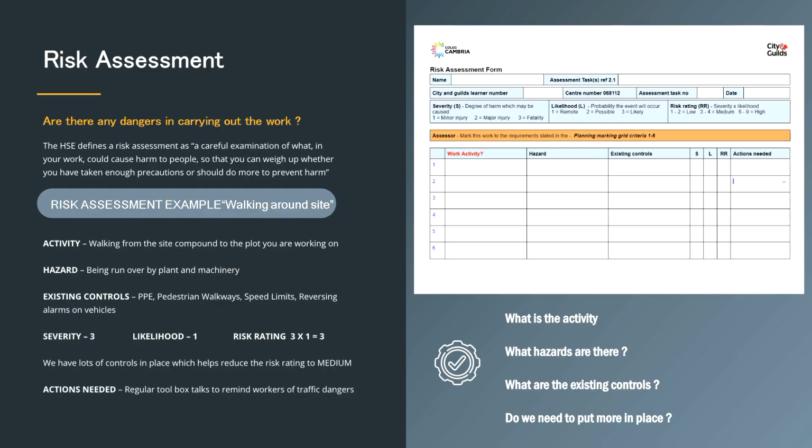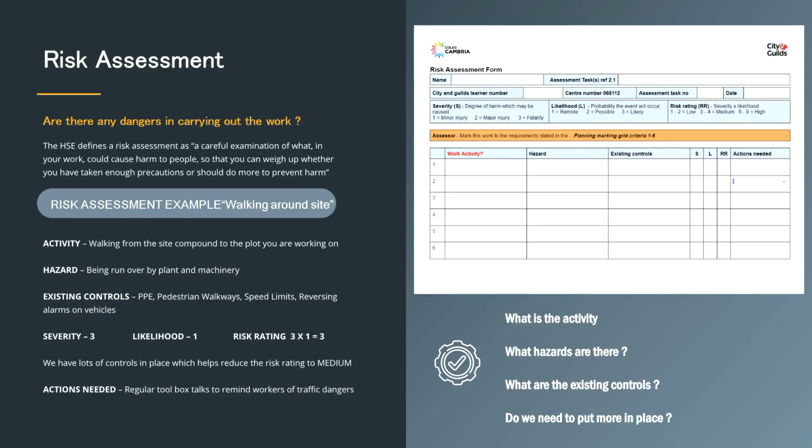We've then got to look at the severity of the hazard. If you get run over by a forklift or a truck, likelihood is it's going to cause major injury or fatality. But with all the things we've put in place, the likelihood of that occurring is actually only 1 because it's quite remote. So our risk rating is the severity times the likelihood, which in this case is 3 times 1, which equals 3, which means it's a medium risk.